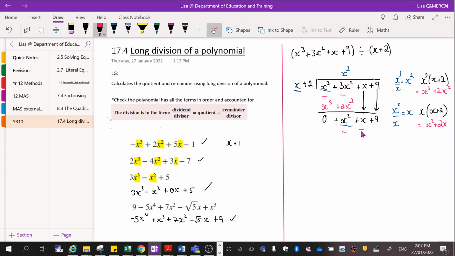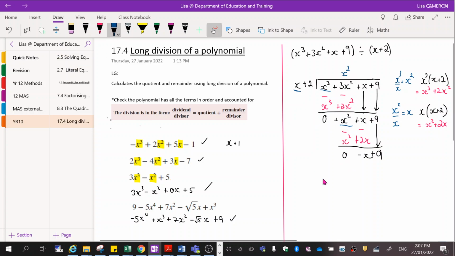So we're going to have to take away x squared plus 2x from both of those expressions. Okay, so when I do that, x squared minus x squared is 0. x minus 2x will be negative x, and then I take this one down. Now again, I can see that this is correct because that leading term cancels out to be 0.